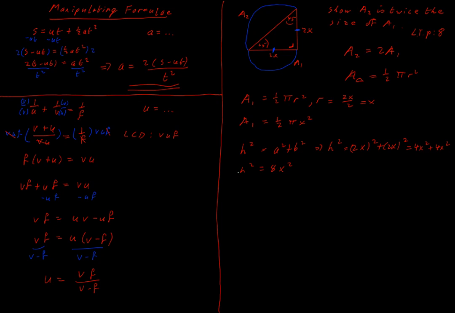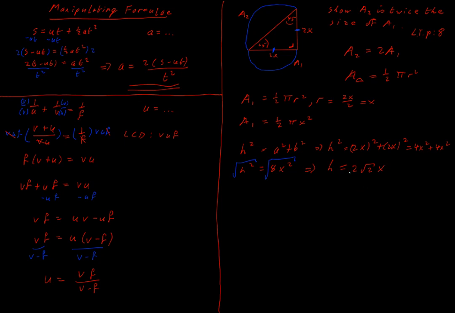I want to know what my hypotenuse is, what the diameter of my circle is, not the square of it. So I'm going to get the square root of both sides. The hypotenuse is going to be equal to 2 root 2 x.